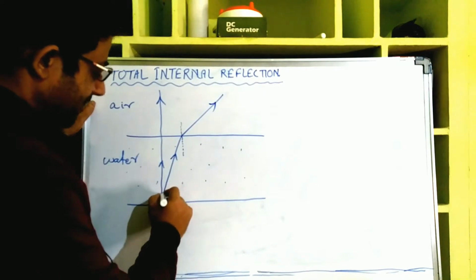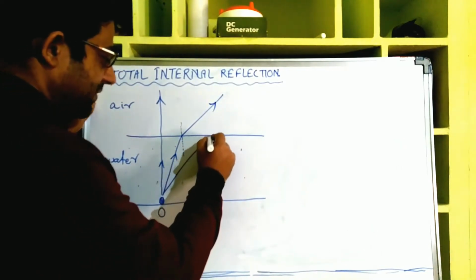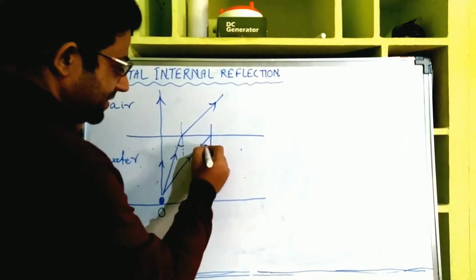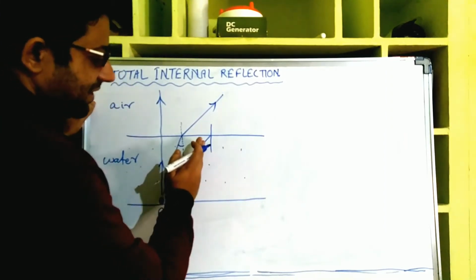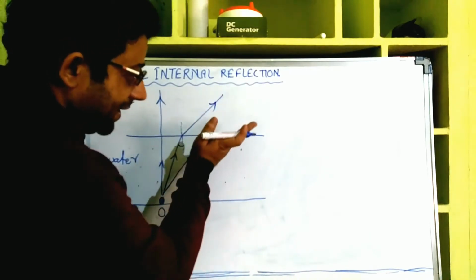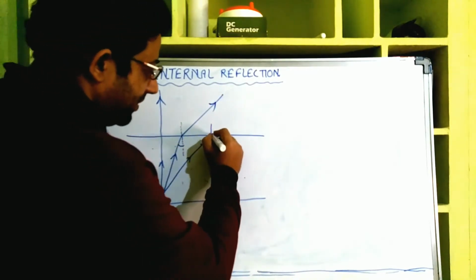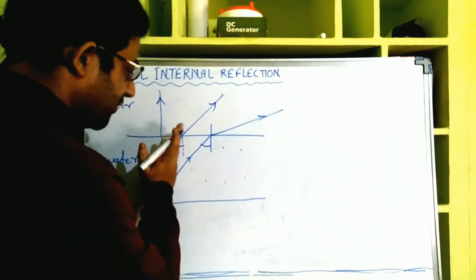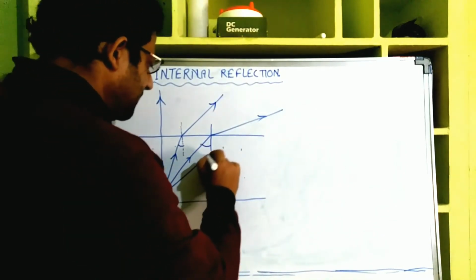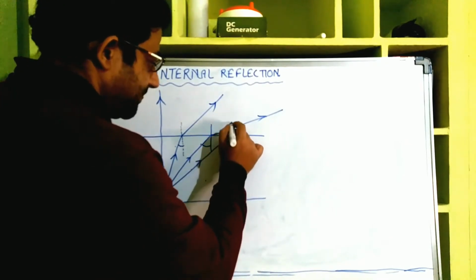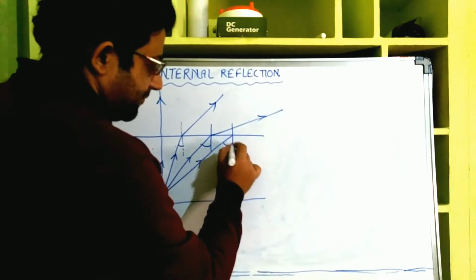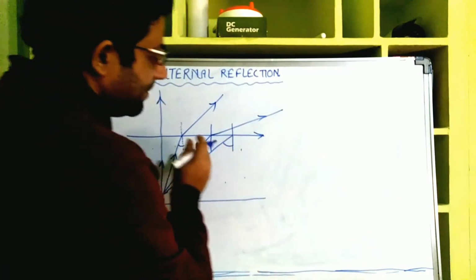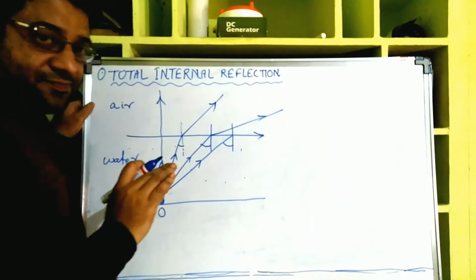Now if I take a light ray having a greater angle of incidence, we are increasing the angle of incidence, so the bending away from the normal will be farther, right? So if we go on like this, for a particular angle of incidence, the refracted ray will become parallel to the surface of the water.